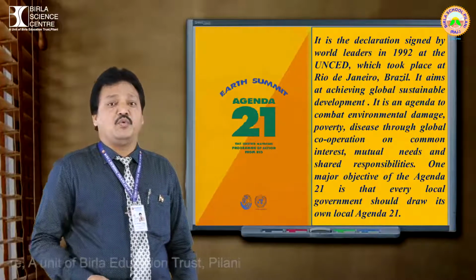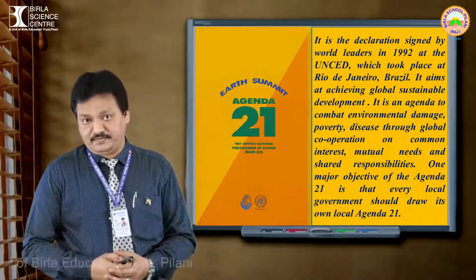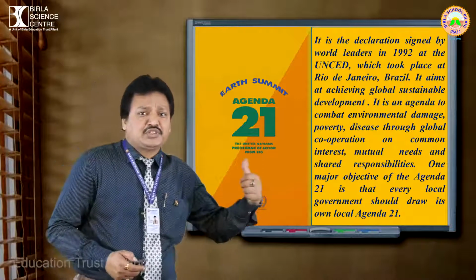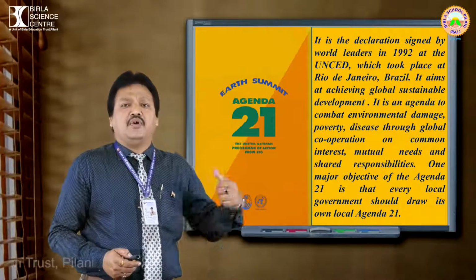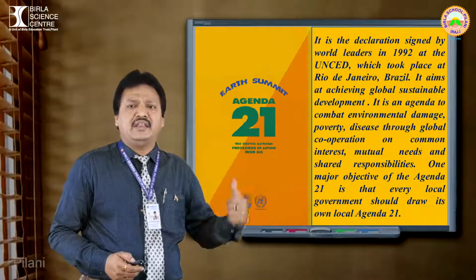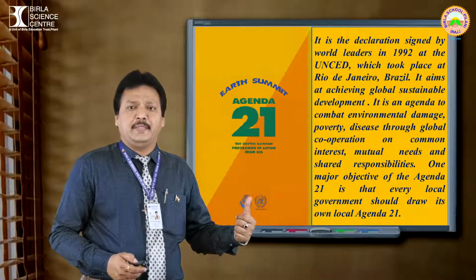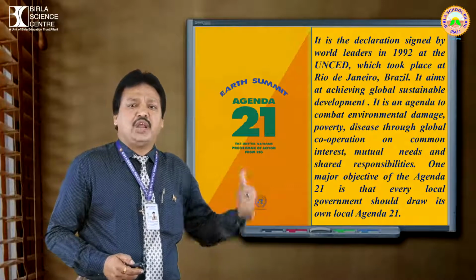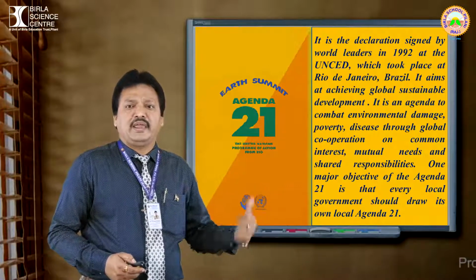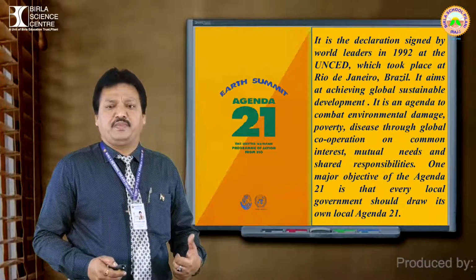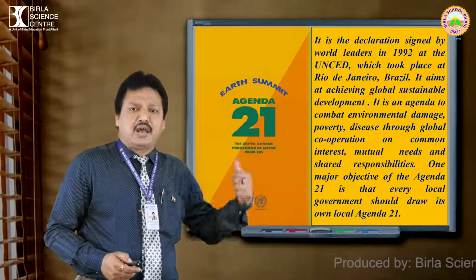Now we should know what Agenda 21 is. It is the declaration signed by world leaders in 1992 at the UNCED, which took place at Rio de Janeiro, Brazil. It aims at achieving global sustainable development.